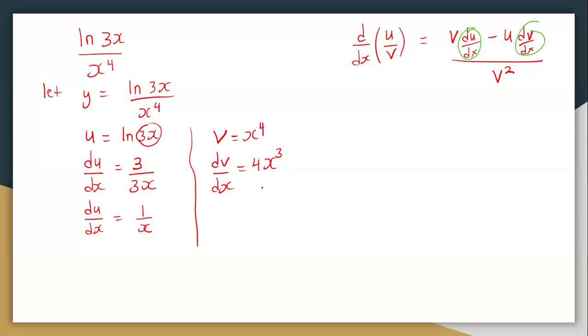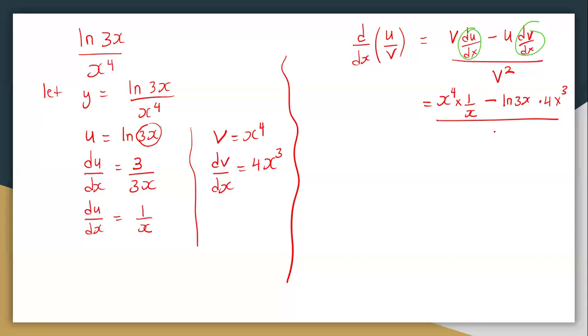After obtaining that, I can go on and substitute in my formula. I substitute my v, x^4, times du/dx, which is now 1 over x, minus u, which is ln(3x), times the other one, which is 4x^3, everything divided by v, which is x^4, everything squared.